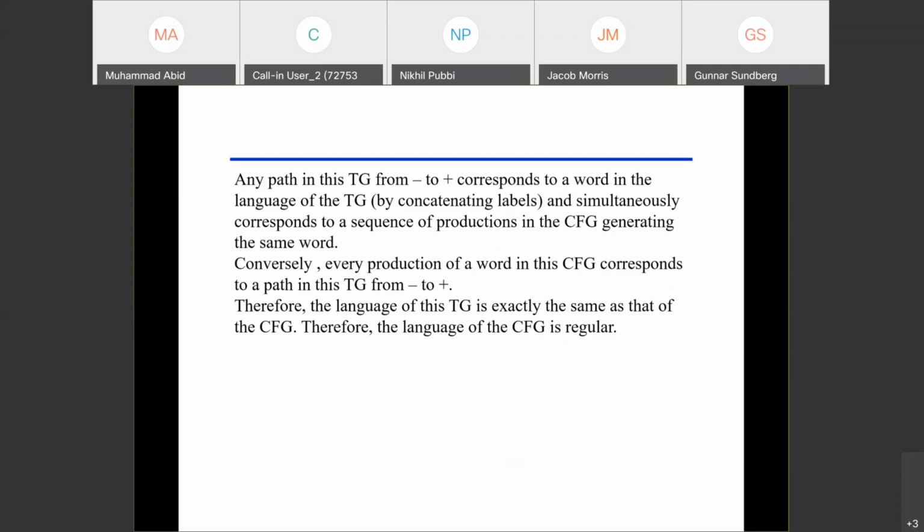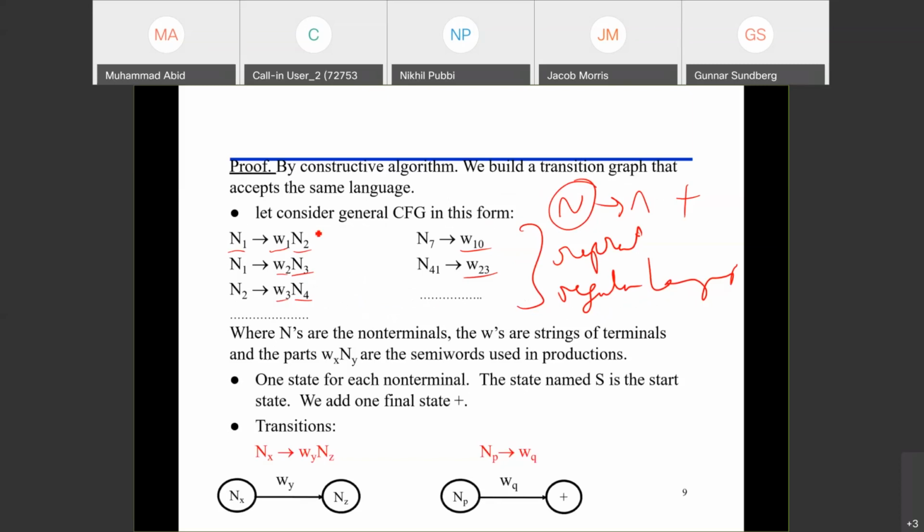So basically, it says that if you have a TG, you can also convert that TG into the grammar, because if you notice here, this is not an FA. Let me give you an example. Let's say we have a state A, and we can write a production rule A, then three small a's, and then capital B. So what does it mean?